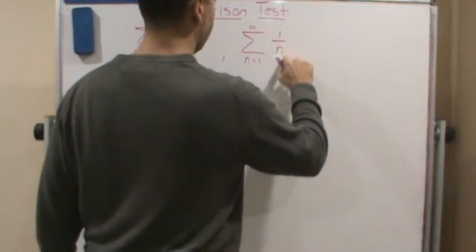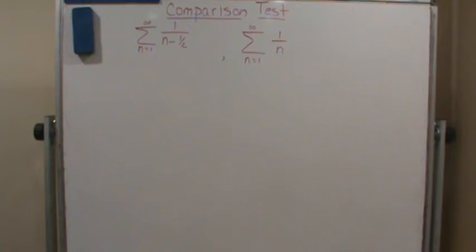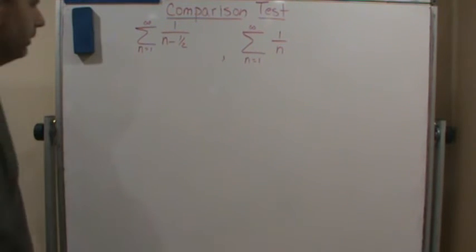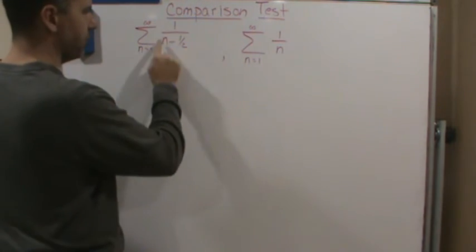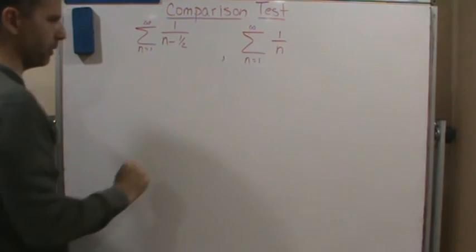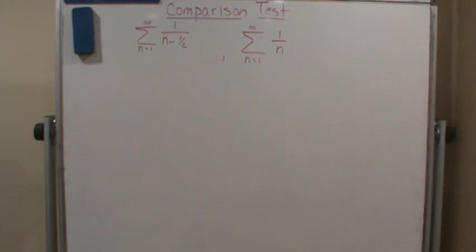Okay, so now let's look at these two. I've got two other series. Again, they look very similar. This nth term and this nth term look very close together, and so they'll probably behave the same way.